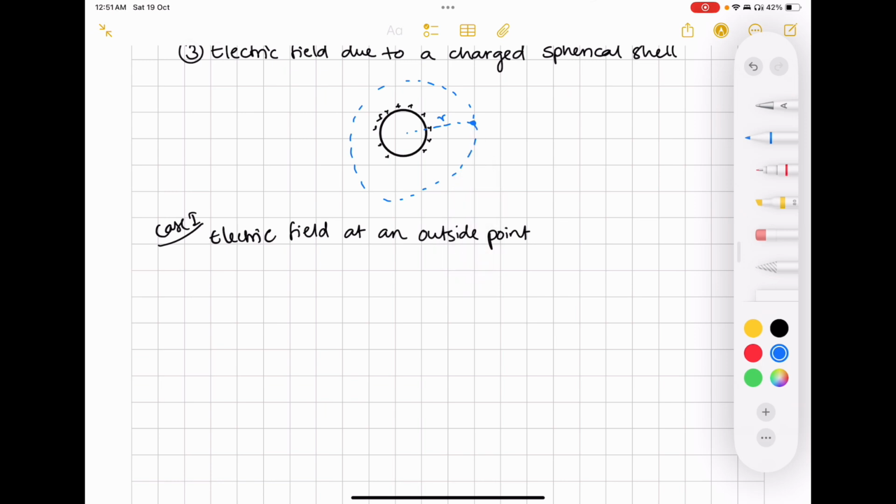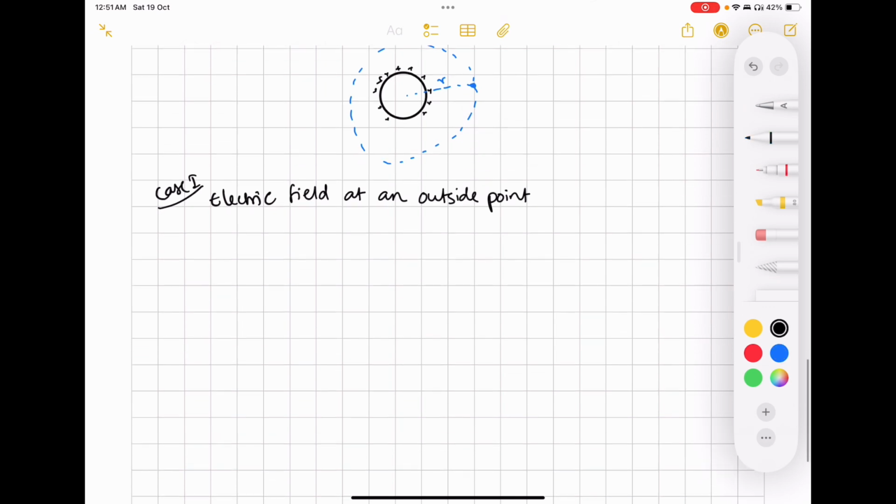We will consider the spherical Gaussian surface in such a way that the point is on the surface of this Gaussian surface. So according to Gauss law, we have flux phi is equal to 1 by epsilon 0 charge enclosed.